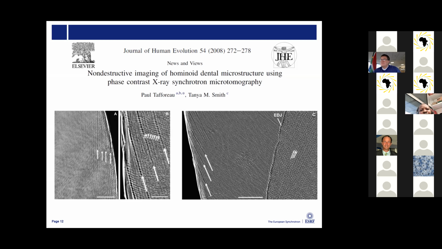What was done in this case is that they took the actual sample and did tomography at the synchrotron of the whole sample. After that, the sample was taken to the lab where a histological section was cut out. And after the histological section was cut out, they looked at it under a microscope.